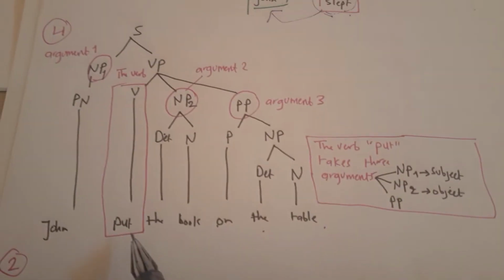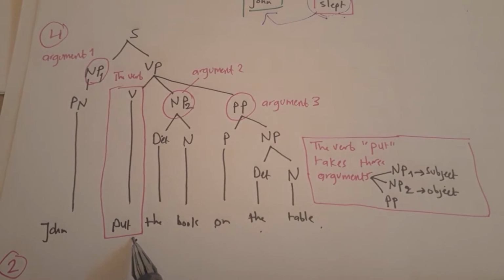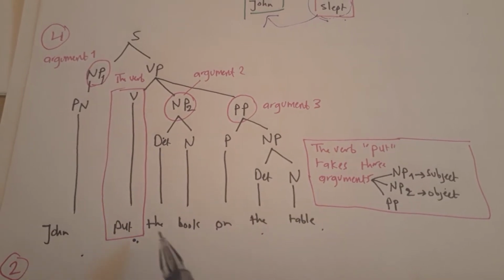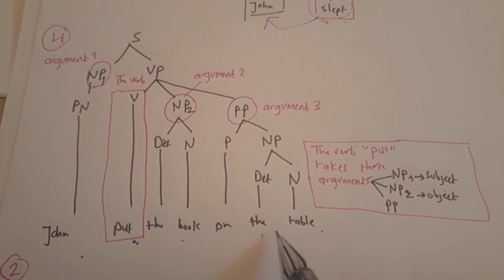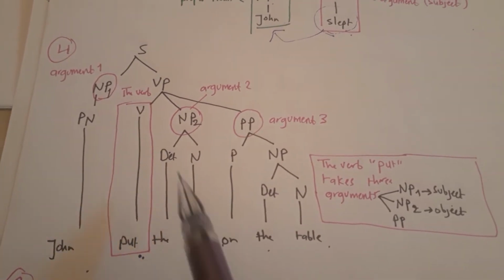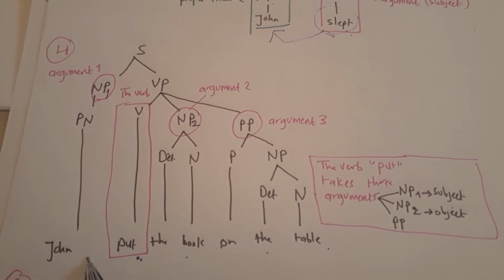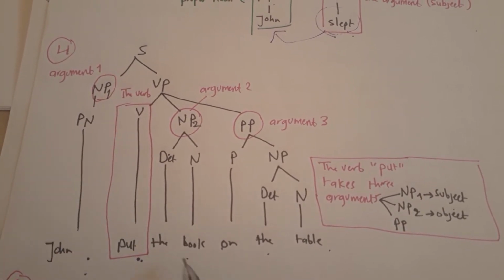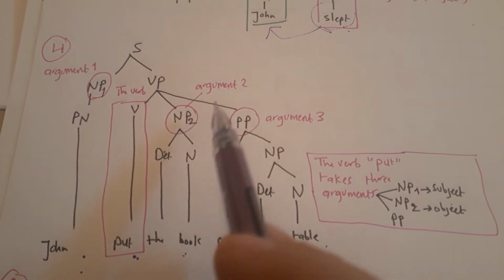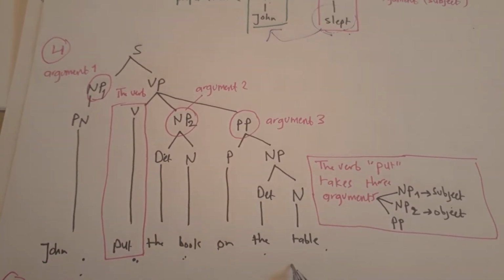Now this is the verb. The verb here is transitive. It takes at least subject, object, and a preposition or a prepositional phrase. So how many arguments does the verb put take? As you can see, we have the subject, again, this is number 1. The book is number 2. And the PP is argument number 3.